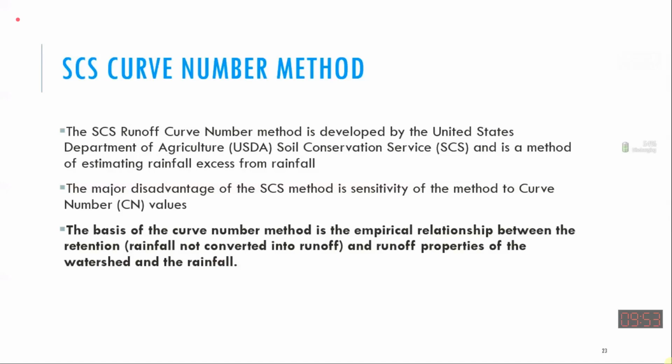For example, if somebody has given a formula that runoff is 0.5 times precipitation, that is a purely empirical formula. But if somebody has put in the coefficient some parameters which can be measured from the basin, like the slope of the basin and the soil type of the basin, we say it is moving towards a rational or conceptual, physics-based formula.